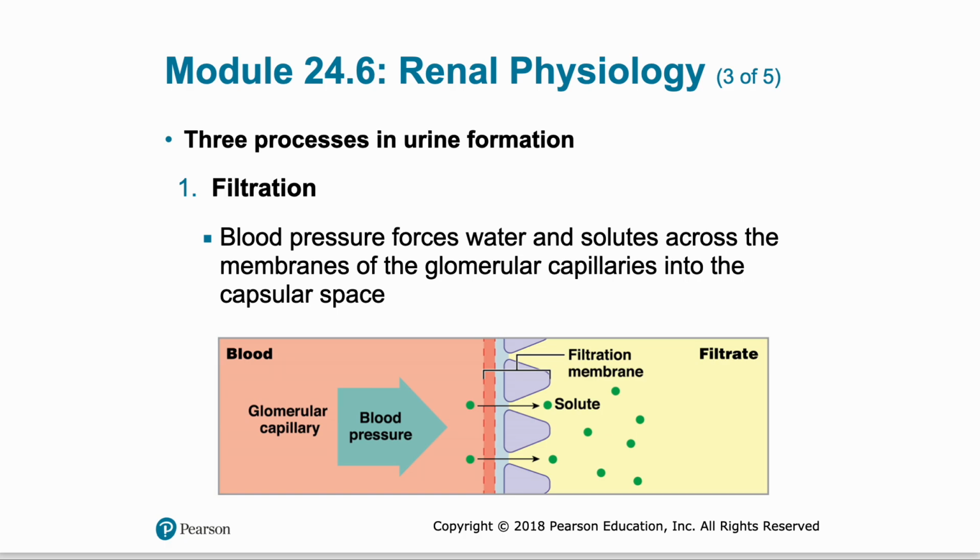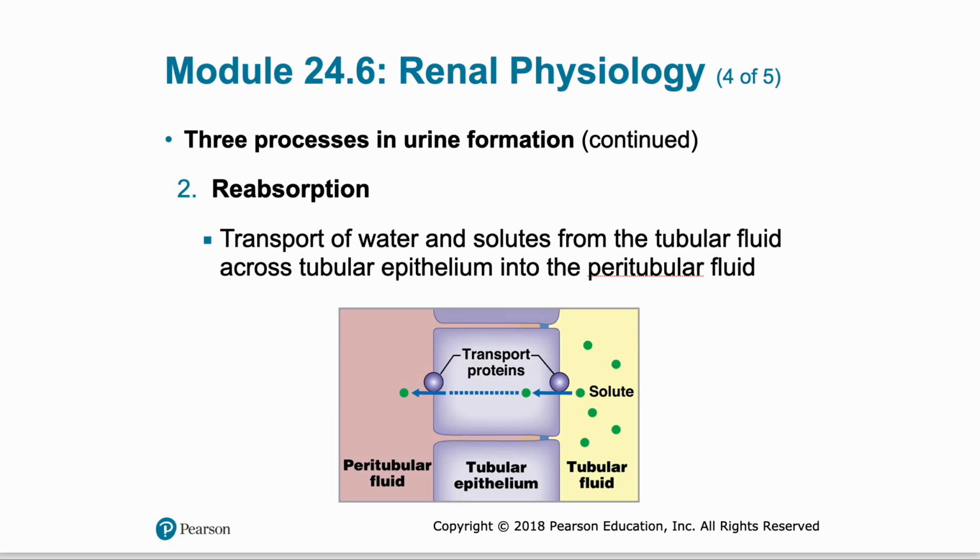The first one is going to be filtration, and that's going to happen in the glomerulus. So we're going to use increased blood pressure in the glomerulus to force water and solutes across the membranes of those fenestrated capillaries in the glomerulus to capture that filtrate in the capsular space so that it can then drain into the PCT.